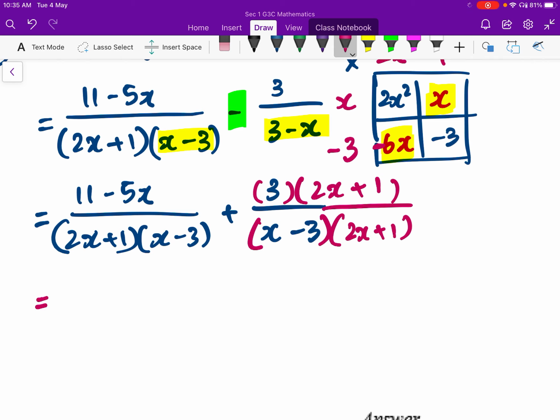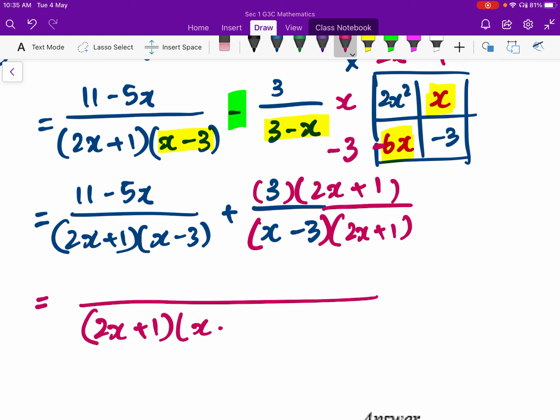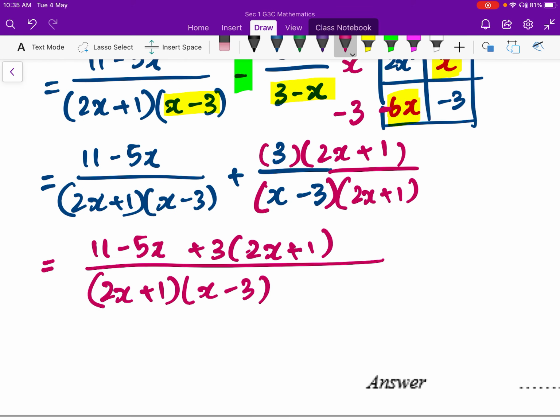Then we combine. 2x plus 1, x minus 3. Combine first, then expand and simplify. 11 minus 5x plus 3 times 2x plus 1. And from here you go and simplify yourself. Expand and simplify. Get the answer.